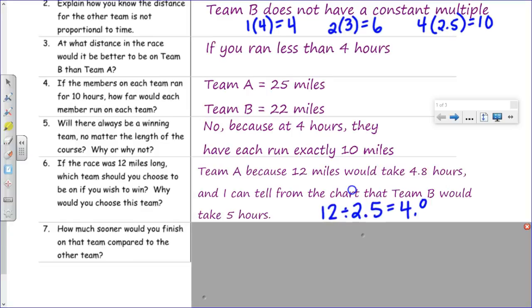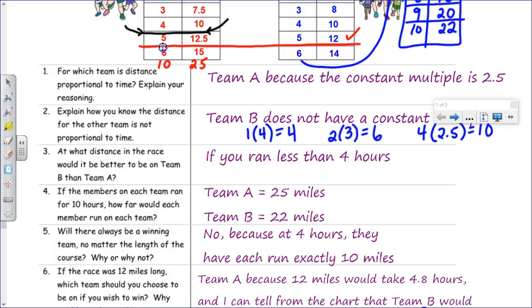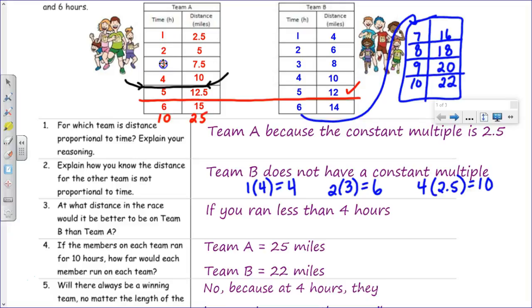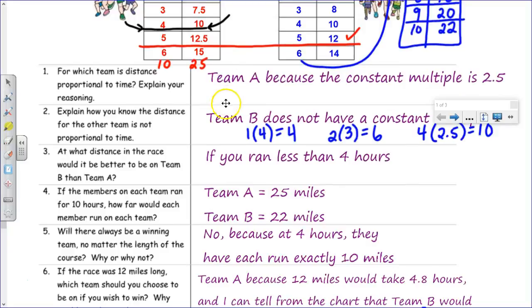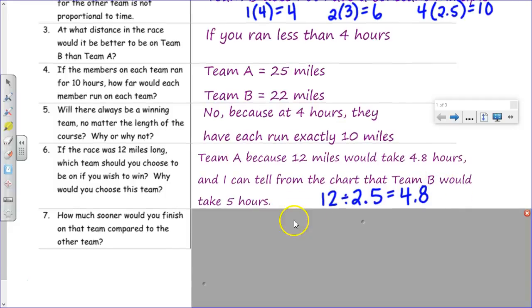Now 4.8 is not in the chart because I could write all those in between hours in there, but really what I just want to see is 1, 2, 3, 4, 5, 6. However, I can still use that same math to figure out at 4.8 hours, I would run 12 miles. So just slightly less time for team A rather than team B, sorry. So for team A, it's a little less than 5 hours, and team B is exactly 5 hours.